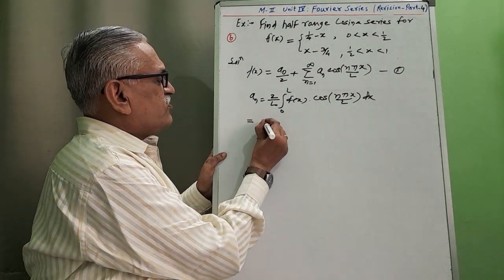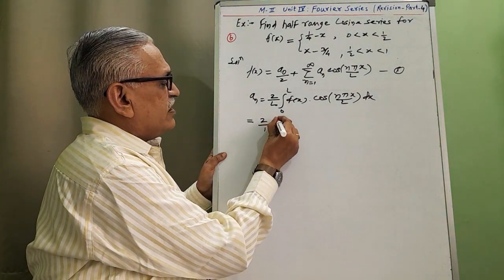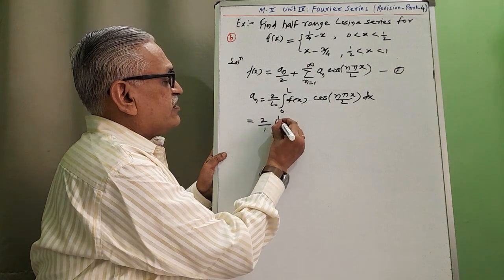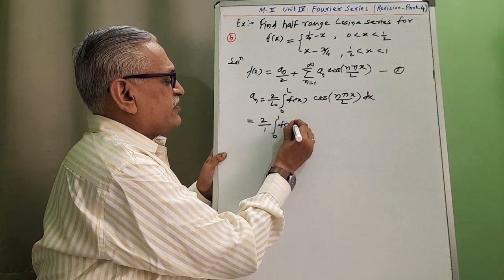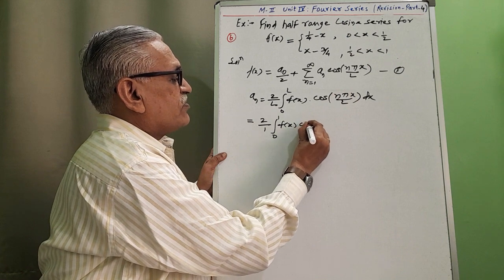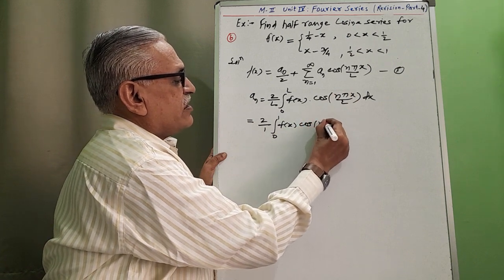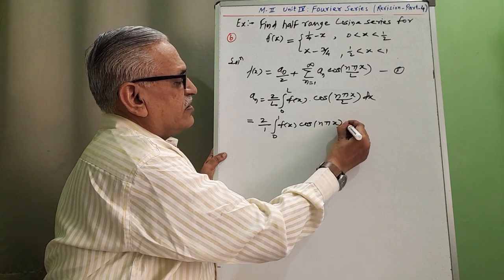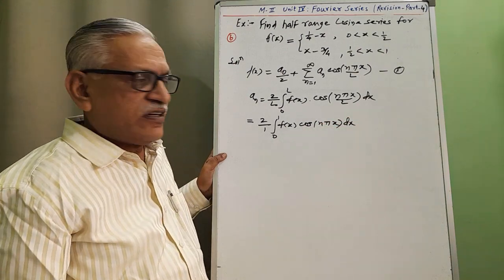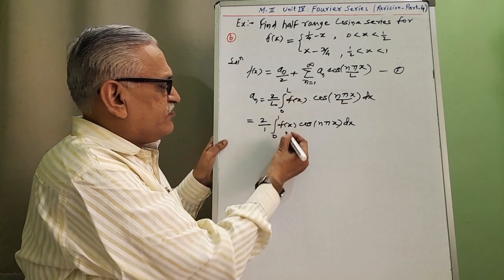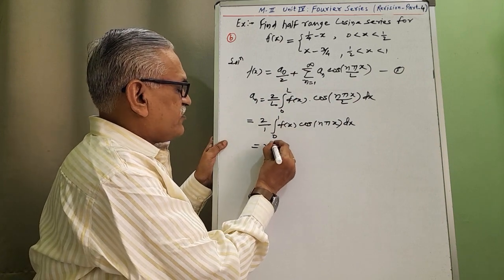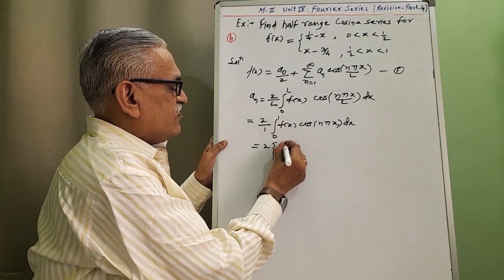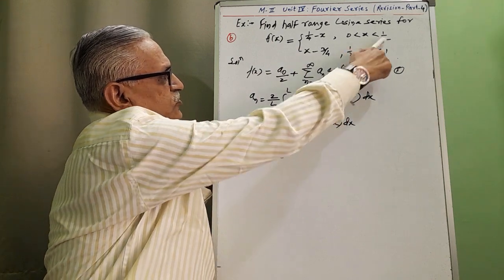It is equals to L is 1, integration from 0 to 1, f(x) we keep as it is, and cos of n pi x, its integration with respect to x. Then splitting this, we get 2 times. First integration is from 0 to 1 by 2.